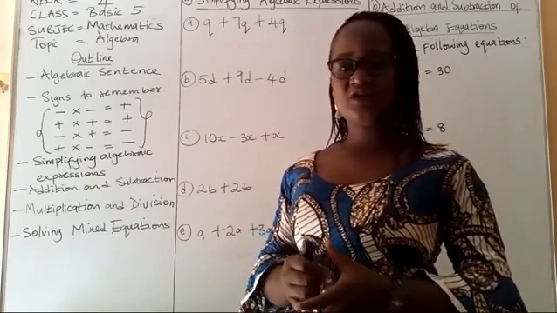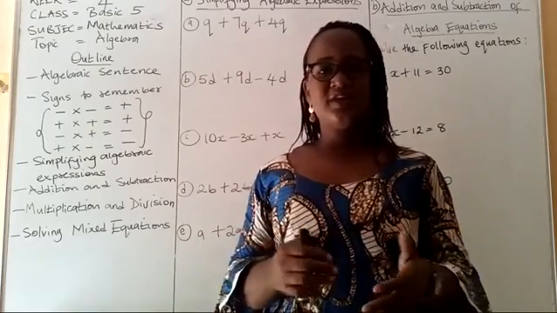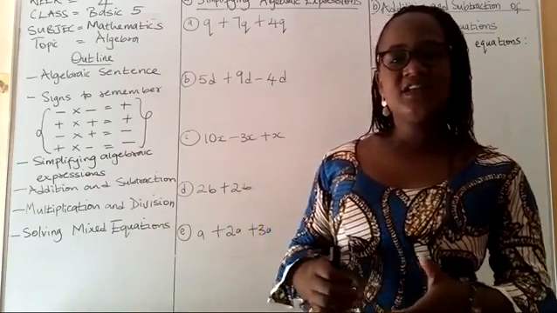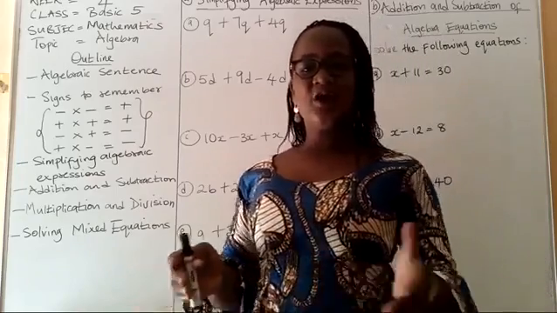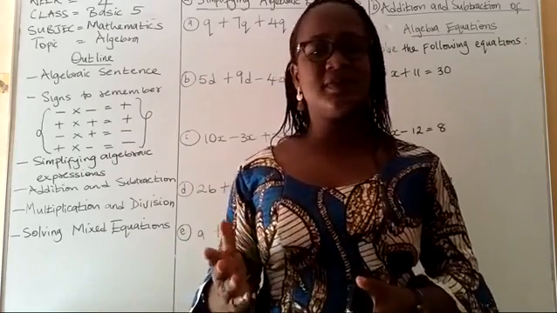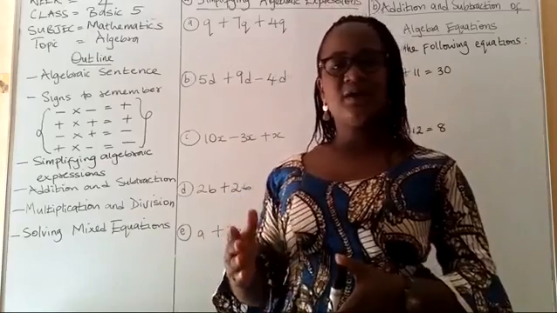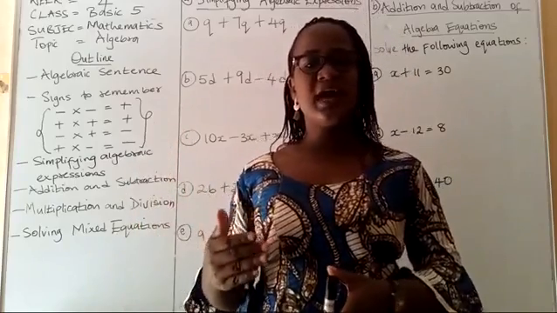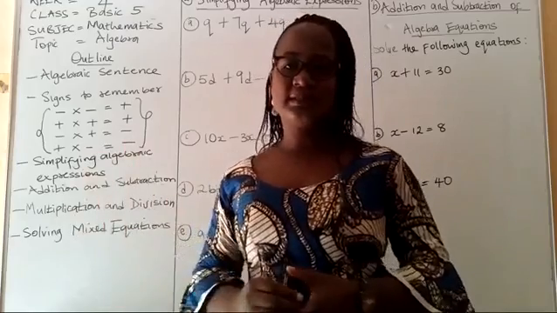Before I continue, I want to quickly remind you that when it comes to mathematics, we have number sentences and algebraic word sentences. So, what is a number sentence? It is the normal equation, the normal sentence that you see in mathematics, where we have only numbers.